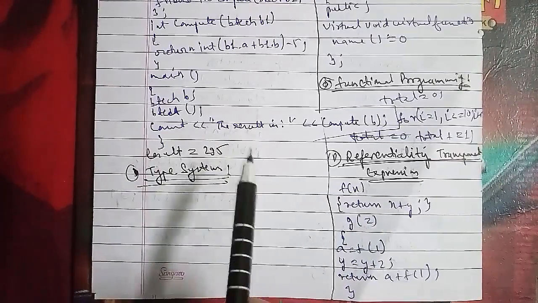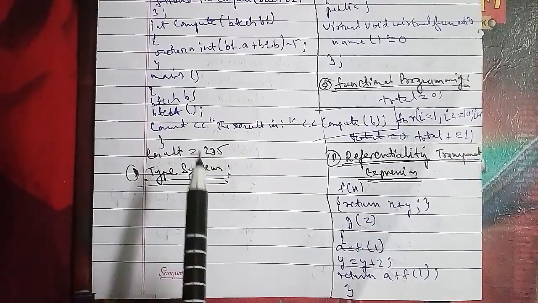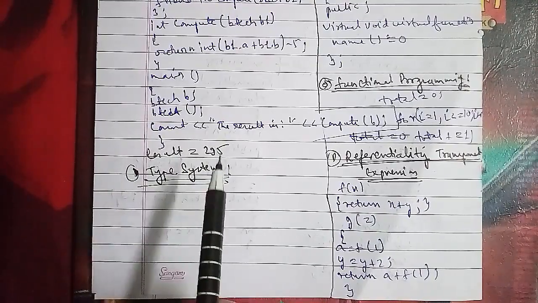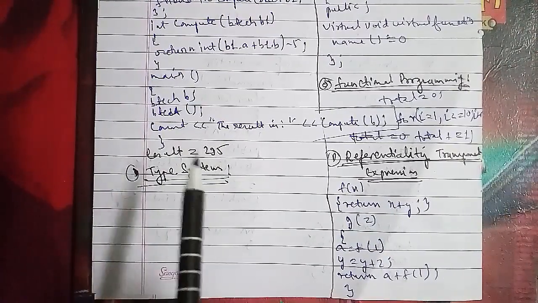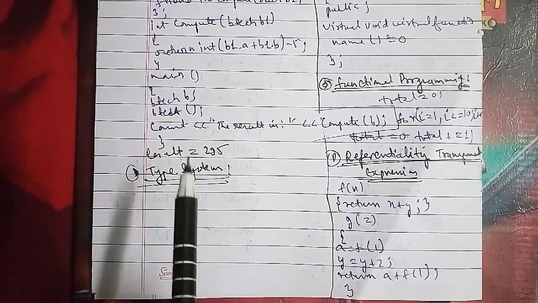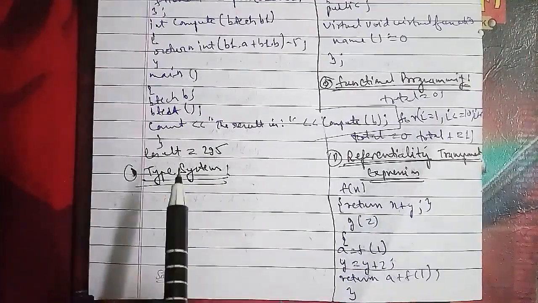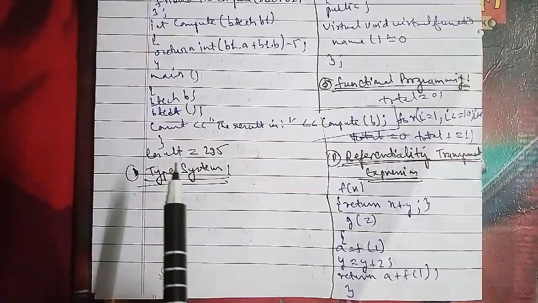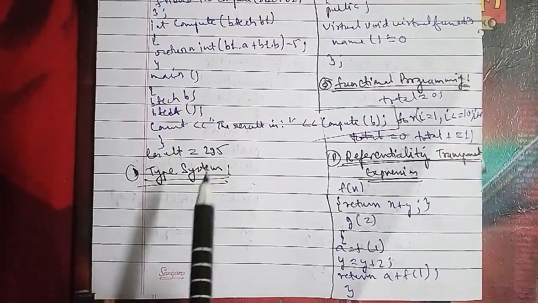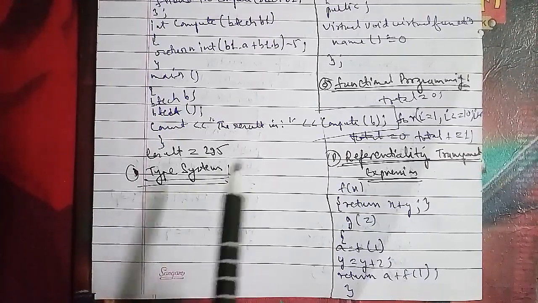For example, the declaration of variable a as integer shows that a is of type integer. The two kinds of scope rules are, first, the lexical scope rule, also known as the static scope rule, and second, the dynamic scope rule.